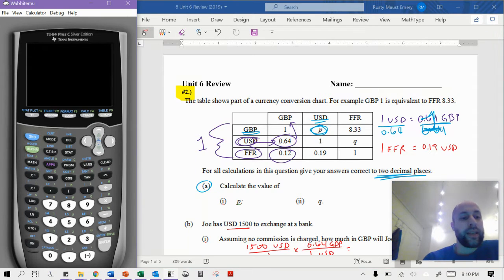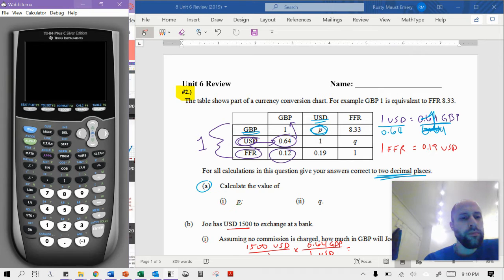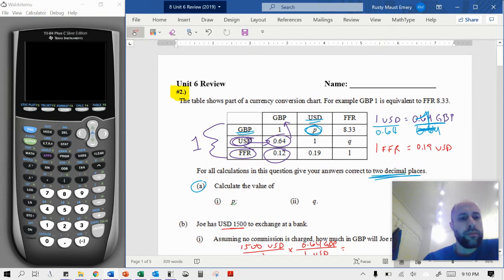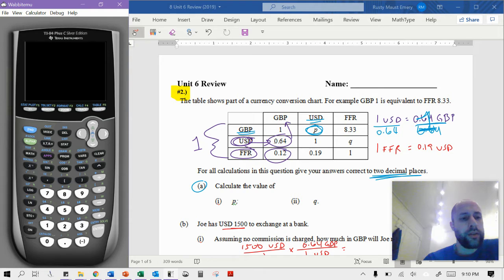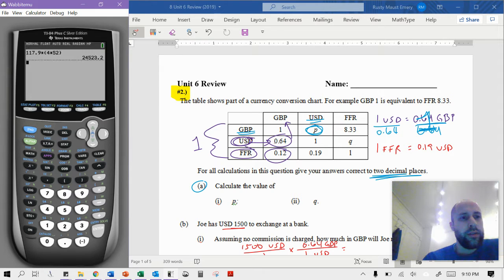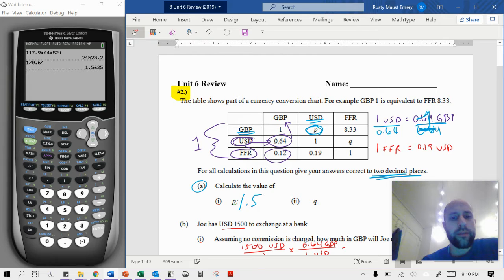And then I need to take 1 divided by 0.64, and we get 1.5625, but we want to round that to 2 decimal places as it says in the directions. So P is 1.56.